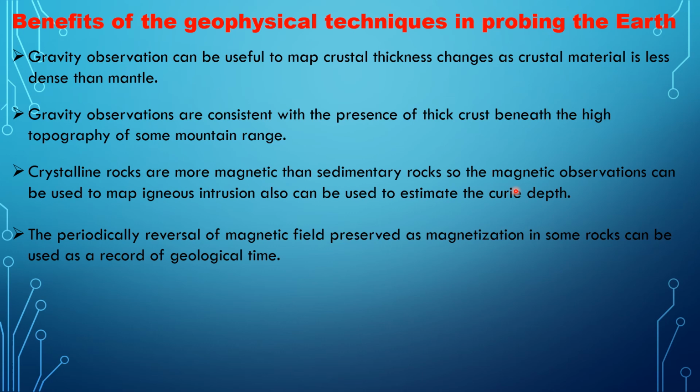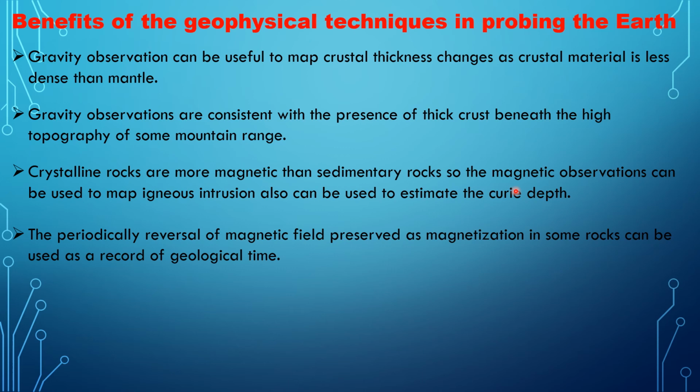From the geothermal gradient, we can see that if the heat flow increases, the ferromagnetic material, which is responsible for the Earth's magnetic field, loses its magnetic property and becomes paramagnetic. That threshold depth is the Curie depth. It is very important in magnetic measurement to estimate that Curie depth, and that can be measured only with the help of magnetic observation.